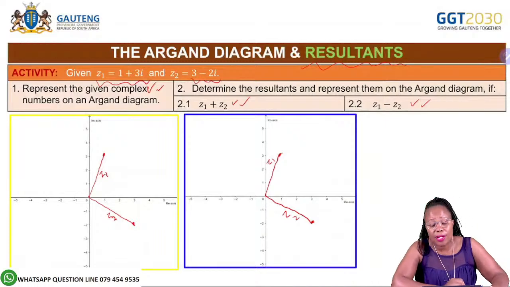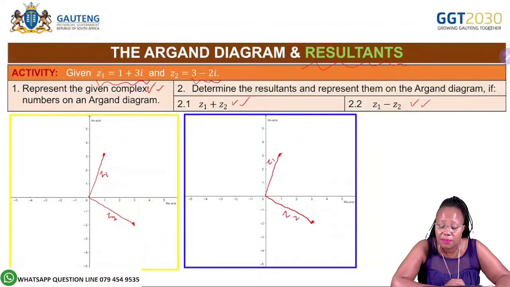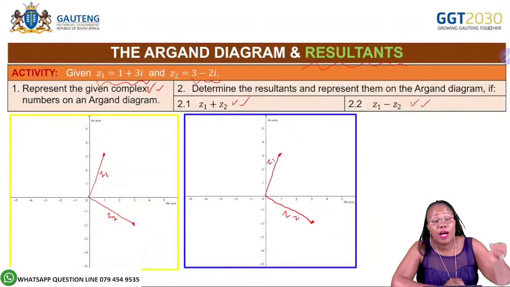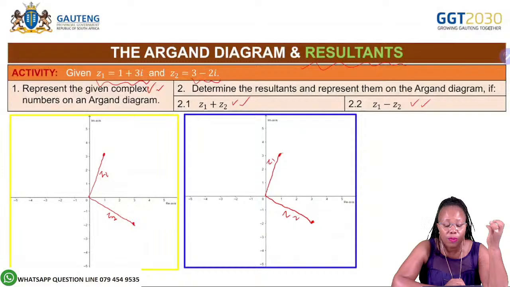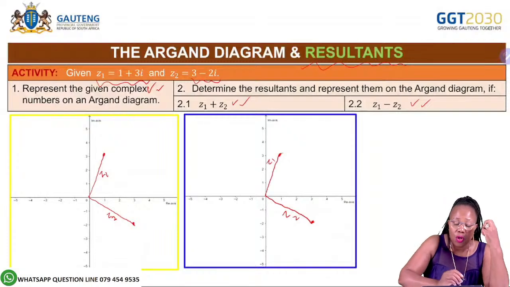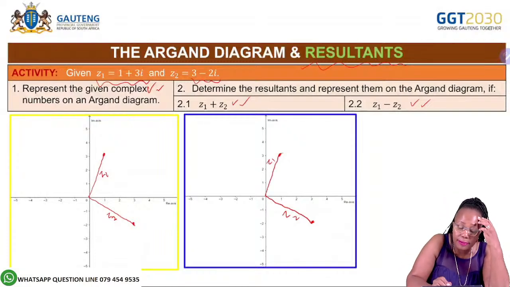So for 2.1, they say determine the resultant and represent them on the Argand diagram that we have sketched below. And then for the first condition 2.1, we are sketching the resultant on the condition where Z1 is added to Z2. So if we add Z1 plus Z2, we will be having what? 1 plus 3i plus 3 minus 2i, which is giving us 4 plus i.